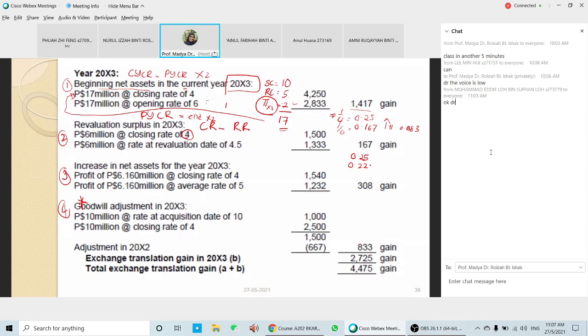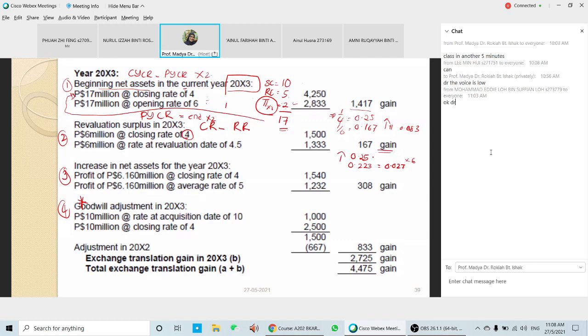So the difference that you have here is minus 0.25, so you're going to have 0.0277. So we're going to times with 6. So you're going to have 0.167 times 6. So there is an increase, so they're going to have a gain here.